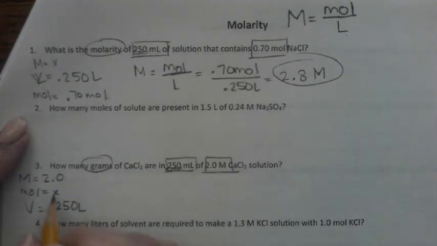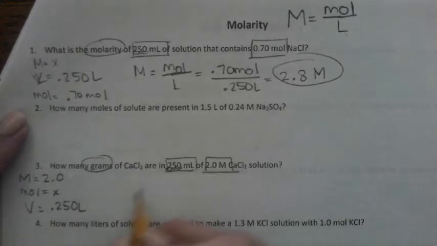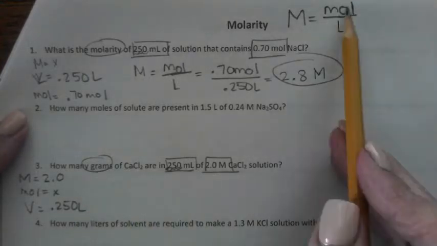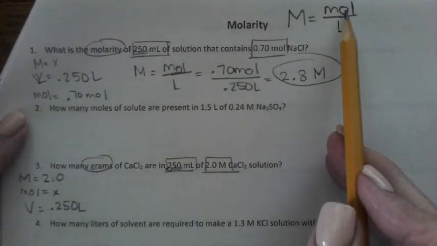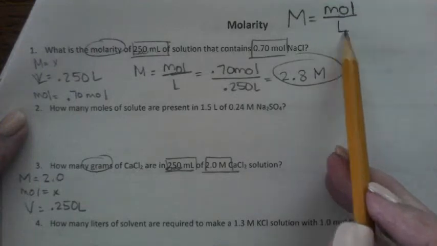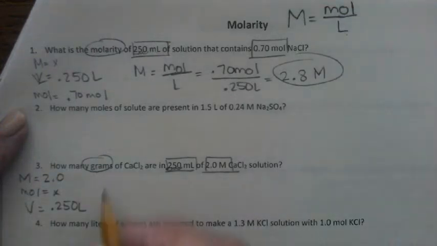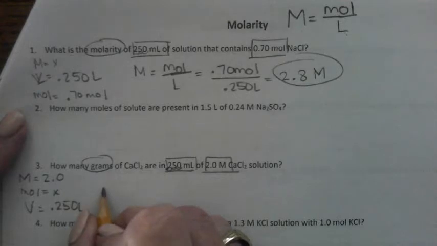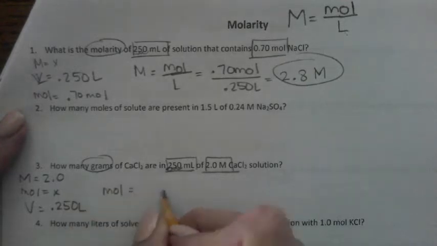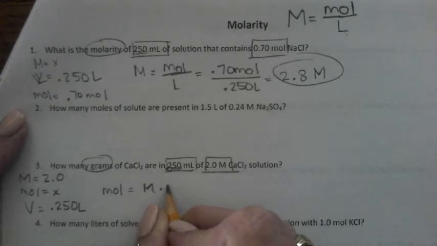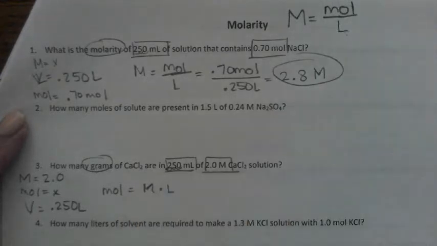I'm going to calculate the moles first. If I'm going to use the same formula as up here, if I want moles, I can plug these in and solve for moles, or I can rearrange the formula. Moles is equal to molarity times volume, which is going to be in liters.